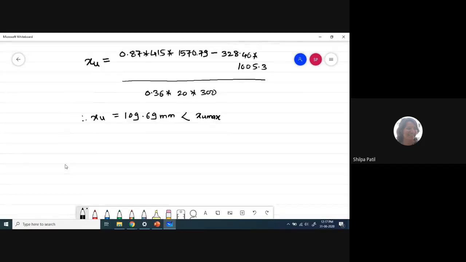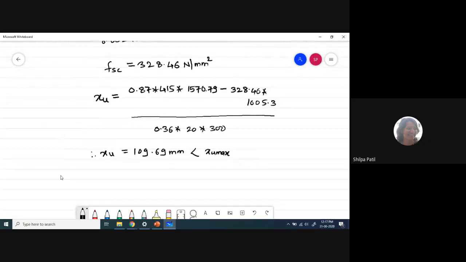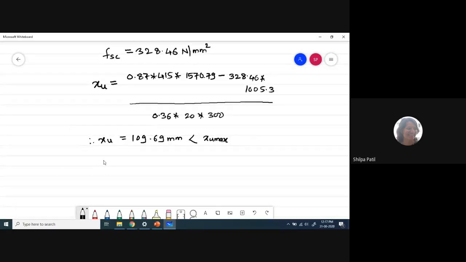For this value now, again, we have to repeat all these steps. So again, we will calculate epsilon SC for this XU value. Epsilon SC is equal to 0.0035 into bracket 1 minus 40 upon this XU value 109.69.